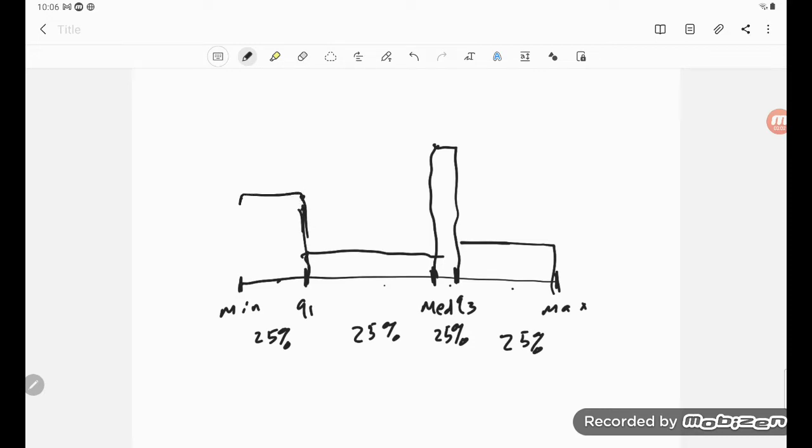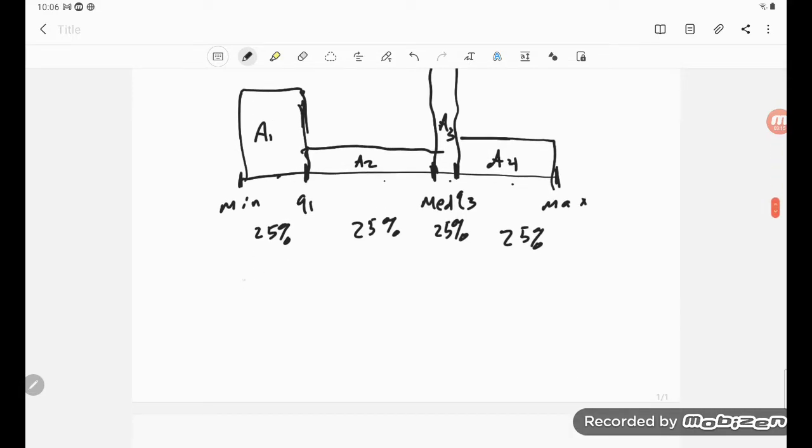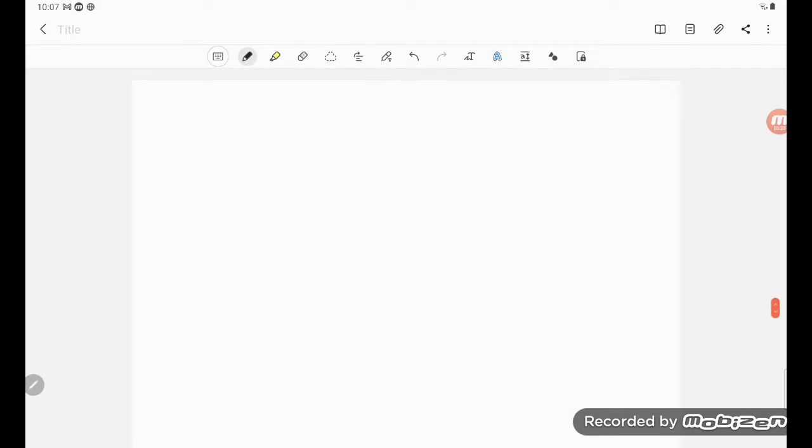So I can be much more exact, but just to get the idea here, you just want to realize that if this is A1, A2, A3, A4, those areas need A1 to equal A2 to equal A3 to equal A4.